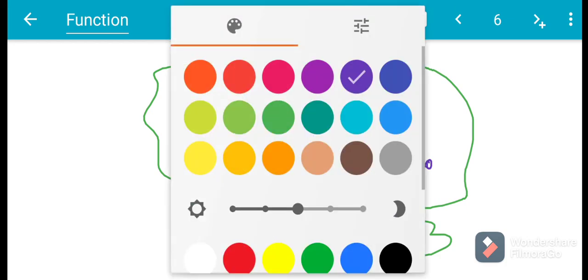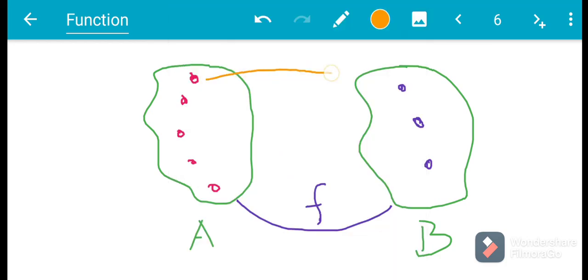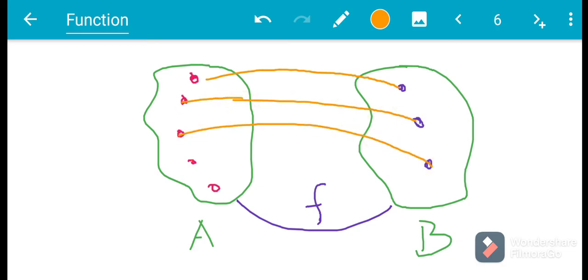Now let this be connected to this one, this one to this one, and this one to this one, and these two are left out. So to make the function we make this connection. This is fine, no problem, it is very much okay. Now this is a function.